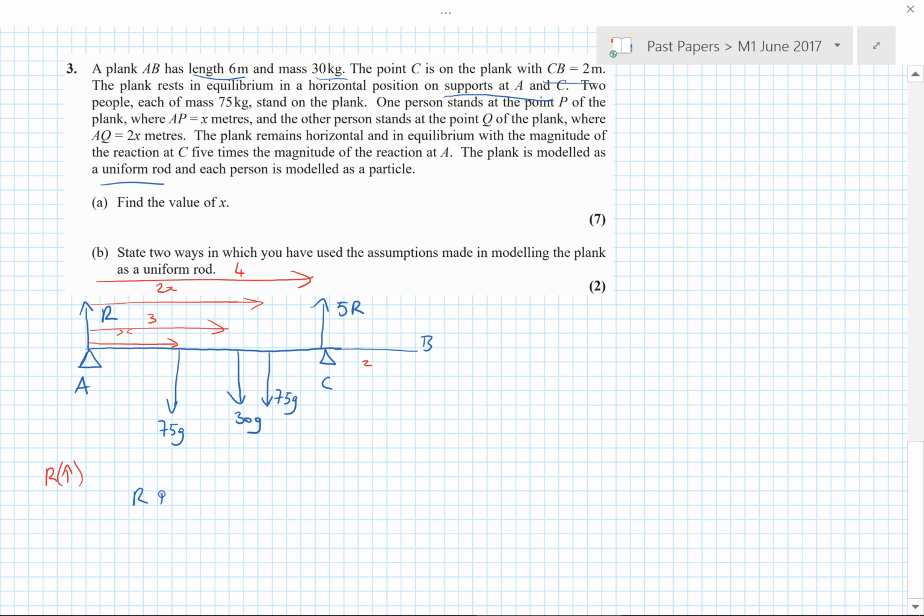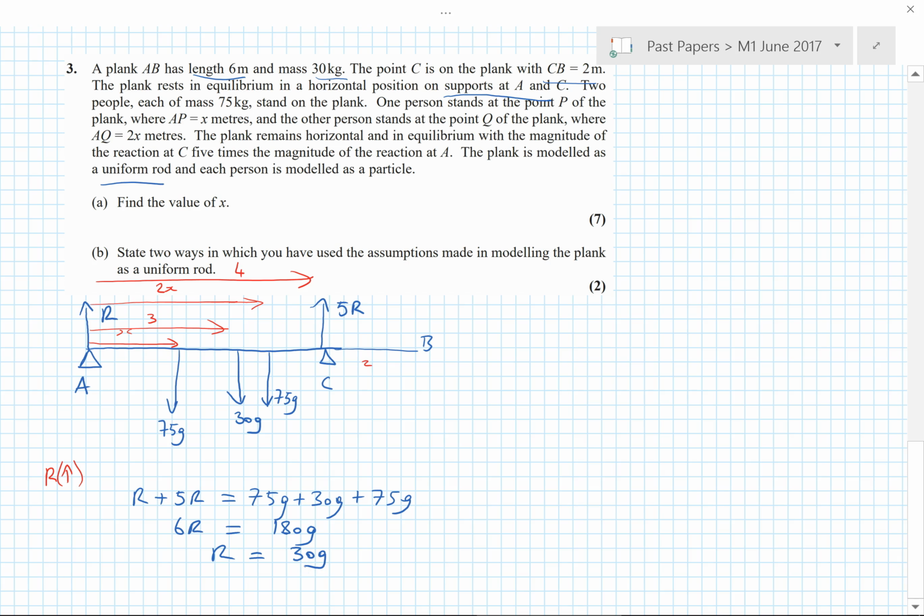So R plus 5R, forces up, equal to the forces down, 75G plus 30G plus 75G. That gives me 6R equals 180G. So R equals 30G.